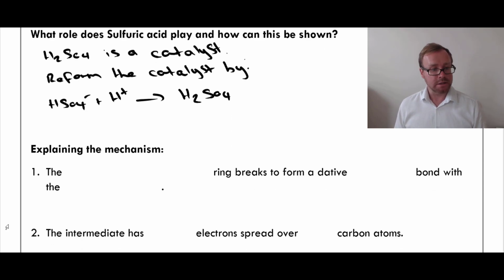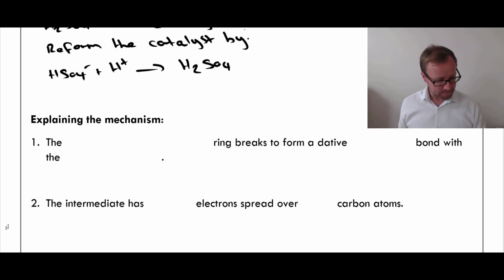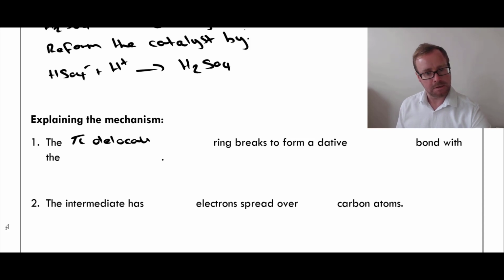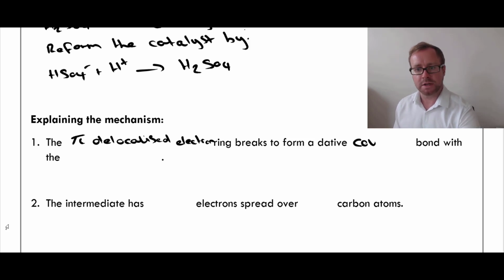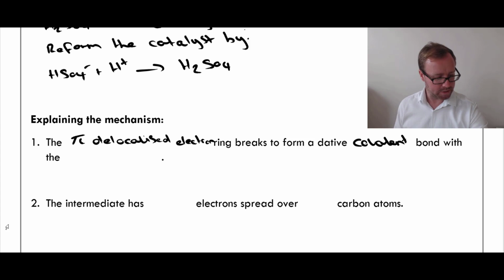Alright, so I'm just going to write this down because I explained this while I was doing the mechanism. So the first stage: the pi delocalized electron ring breaks to form a dative covalent bond with the electrophile. In this case it's NO2+.